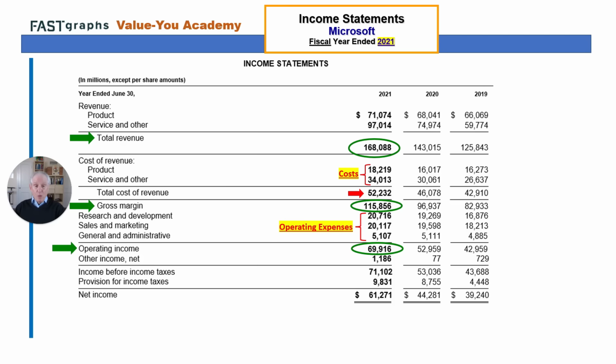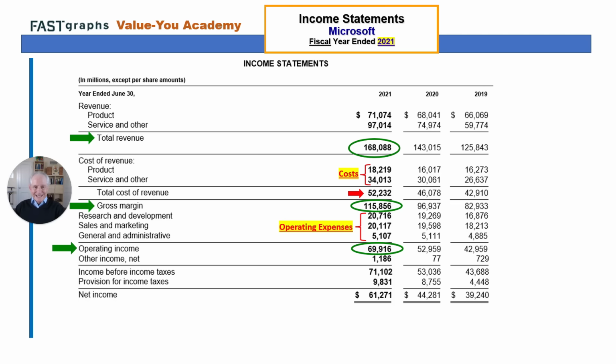Now they had some other income, and that's net after some things, but they actually have another 1.1 billion or 1.2 billion of other income from investments and other things. If you really want to know what makes up that number, you've got to go to the footnotes. The devil is in the details, and we say the details are in the notes or footnotes behind the financials. So we could find out about that number.